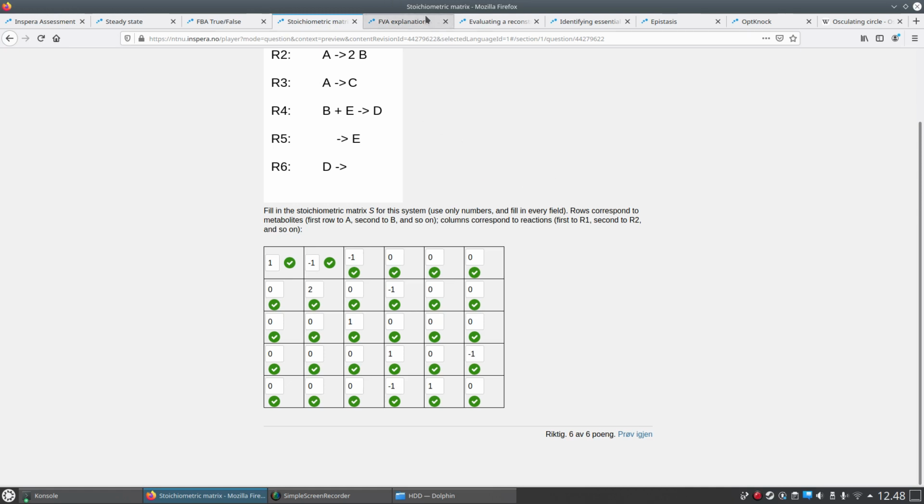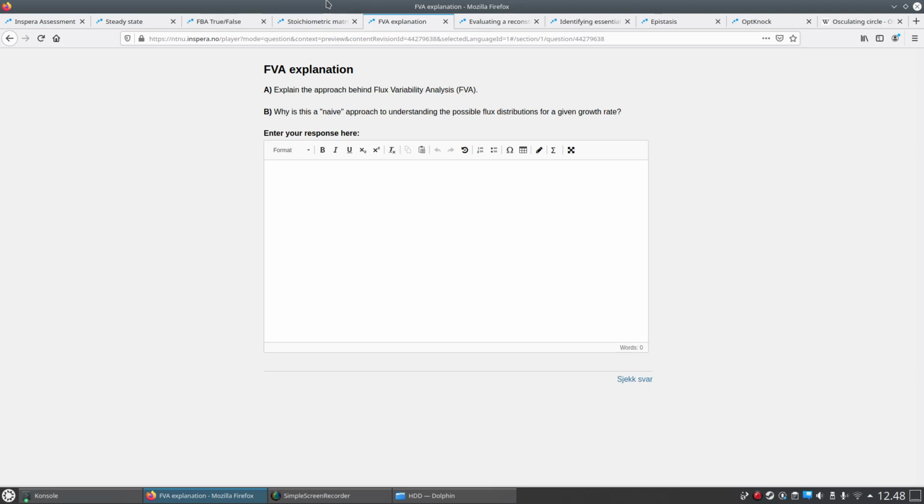Okay, next topic is FVA. So the base principle of flux variability analysis is we want to find how flexible a flux is under optimal conditions.